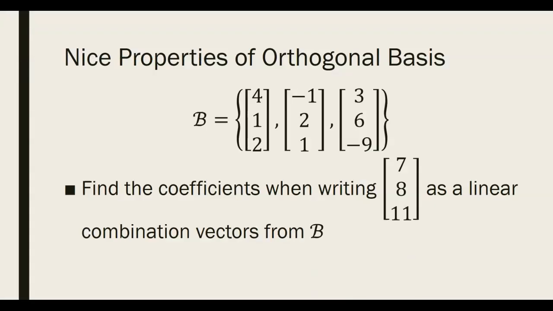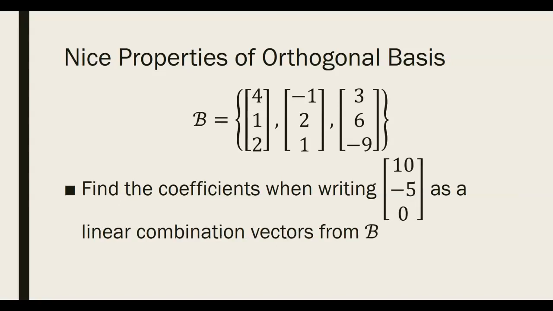So what I'd like you to do on your own is push pause on this video and try to find the coefficients using the same basis when writing (10, -5, 0) as a linear combination of the basis vectors.